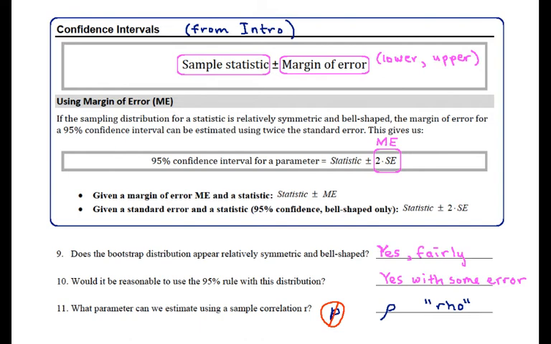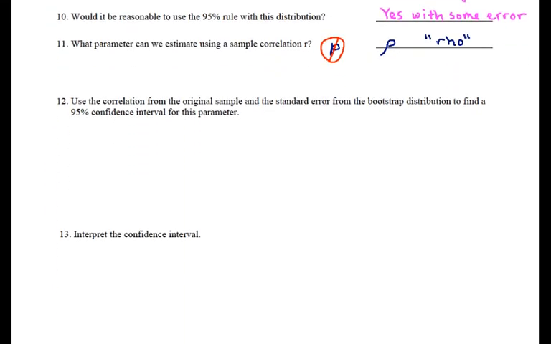Okay, so all this is good. We're going to use the correlation from the original sample as our sample statistic, which in this case is R. And the standard error from our Bootstrap distribution to find a 95% confidence interval for this parameter.